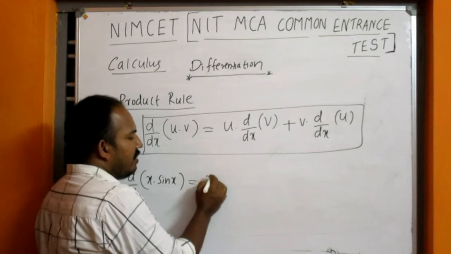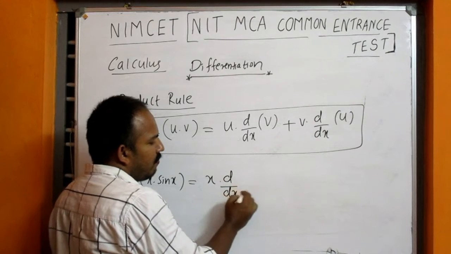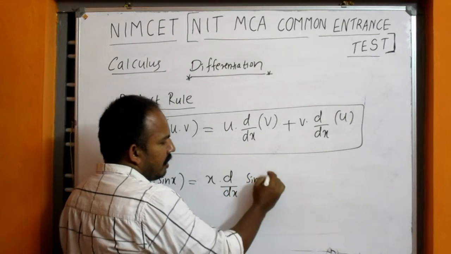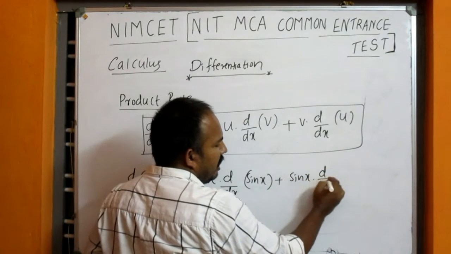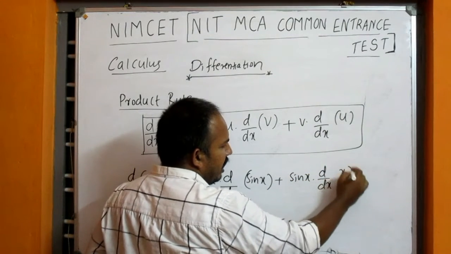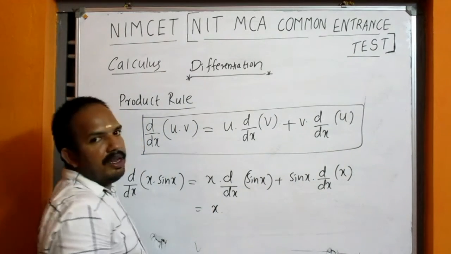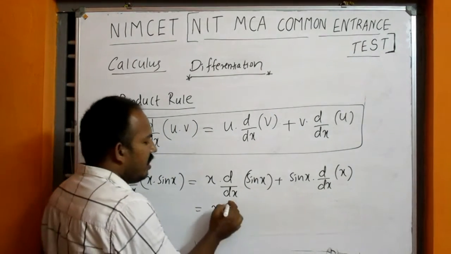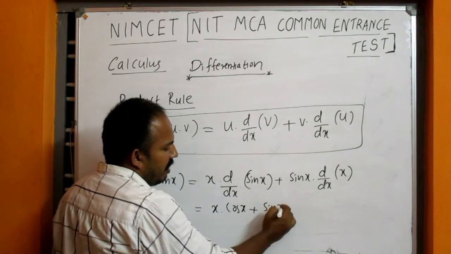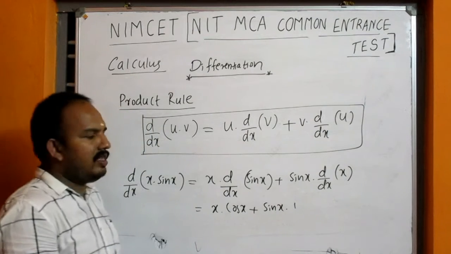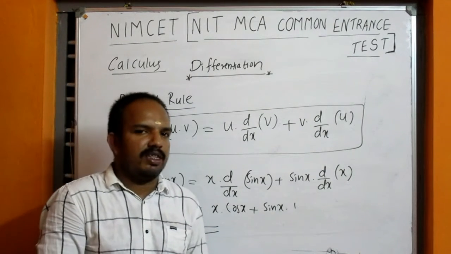So x into d by dx of sin x plus sin x into d by dx of x equal to x into derivative of sin x, which is cos x, plus sin x into derivative of x, which is 1. This is called the product rule for differentiation.